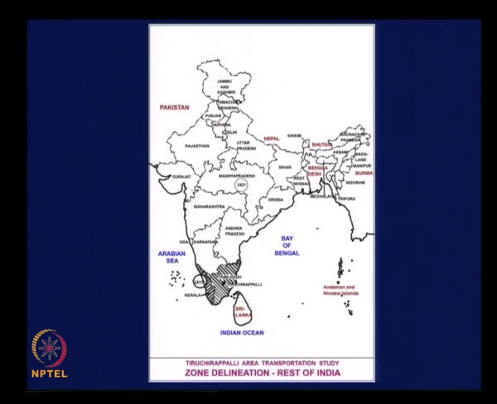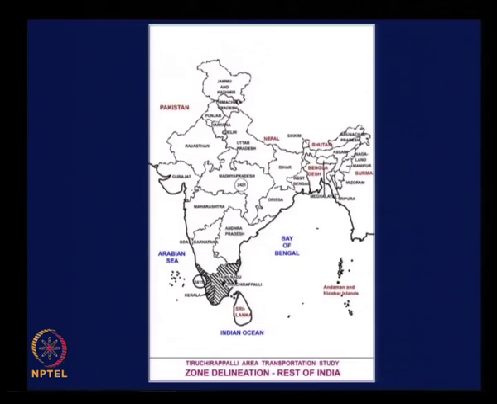It does not matter, because the number of trips is going to be relatively small, sometimes negligible, but still you must have indicated the entire country with some code number, so that you do not miss out any trip in your analysis. Clear? Now, you can feel that this is the end of the zoning process. Start from your planning area, go beyond to adjacent districts, and then cover the whole of the state and then the whole of the country. Clear?